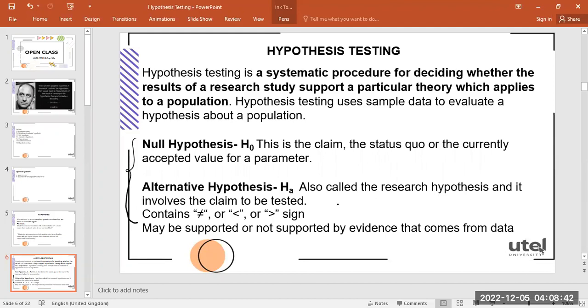It is important to note that the alternative hypothesis can include signs such as not equals to, the less than symbol, or the greater than symbol. It may also contain less than or equal to, or greater than or equal to. And it may be supported or not supported by evidence that comes from the data.